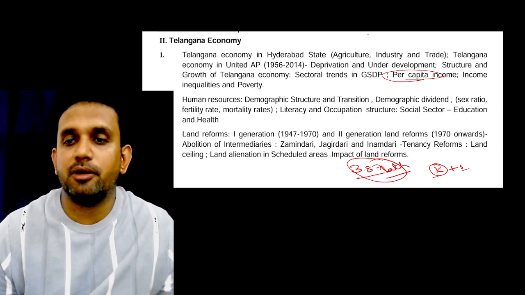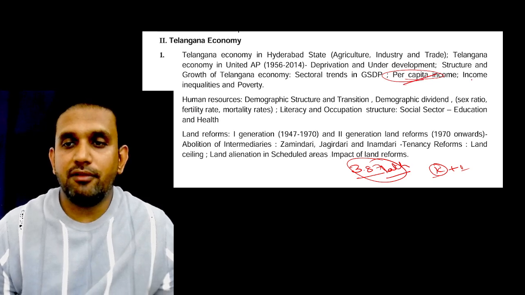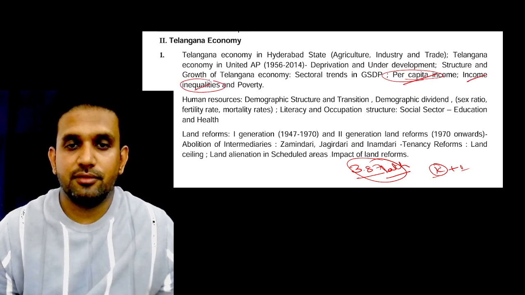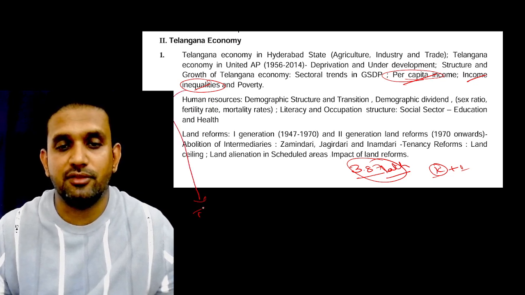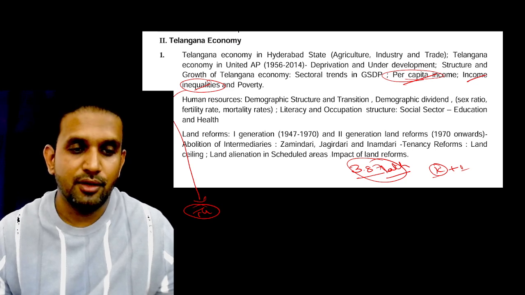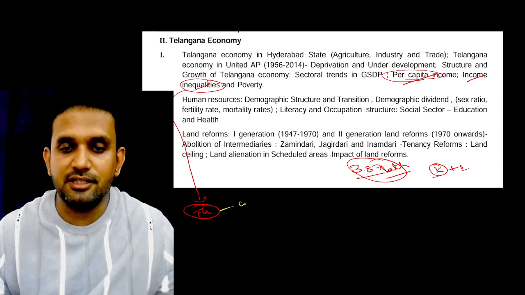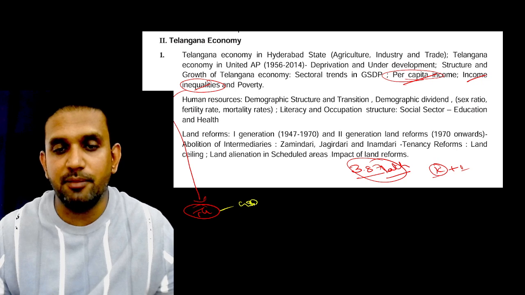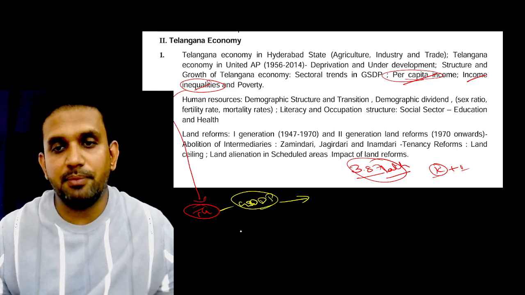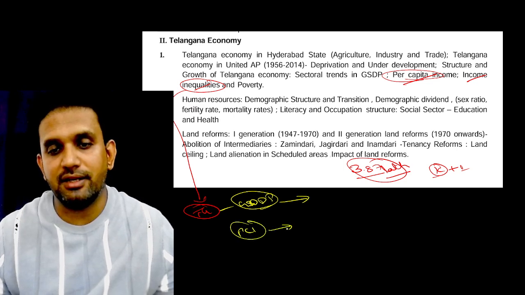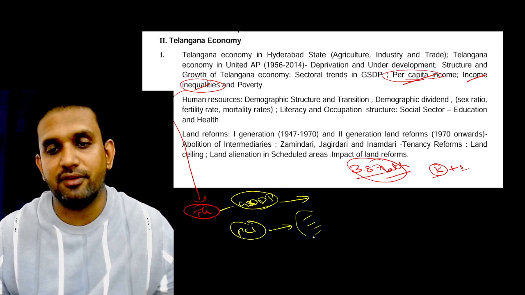So we'll talk about per capita income. Then we'll also talk about income inequalities, how we are going to see them with respect to Telangana. This is a major important problem. So here we will be writing GSDP data only, gross district domestic product. This data we are going to write. In per capita income also, different districts of our state have different per capita income.